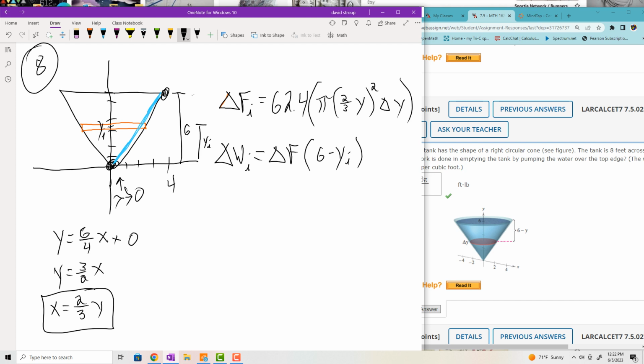So our integral is going to be the integral, adding up these work increments from 0 to 6, of the force increment, which is 62.4 times pi times 4/9 times y squared times 6 minus y, dy. And then you could rewrite it accordingly.